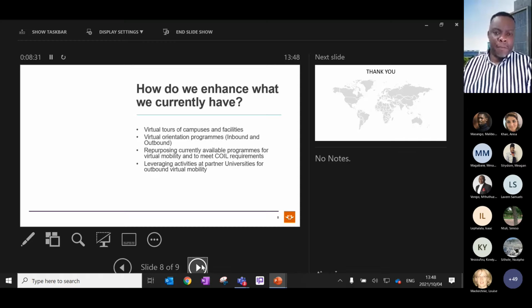And we're repurposing a number of programs, like I had mentioned, the 4IR program, the artificial intelligence for 4IR, and the African Insights. And we're leveraging programs at our partner universities to fit into this program.